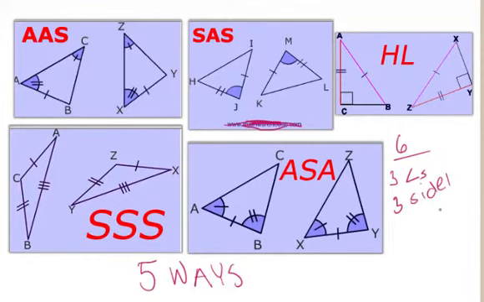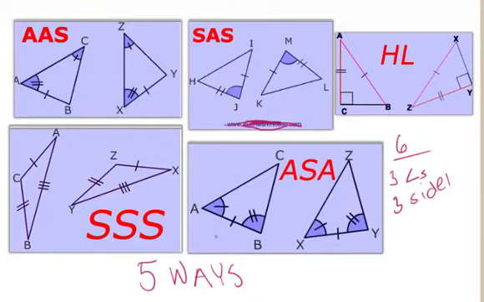So these are our 5 ways to prove a triangle congruent. It's angle, angle, side. So if I have 2 angles and a side congruent to 2 angles and a side, then I know these 2 triangles are congruent, which means the rest of the angles and sides in the triangle are also going to be congruent. That's our whole point here.